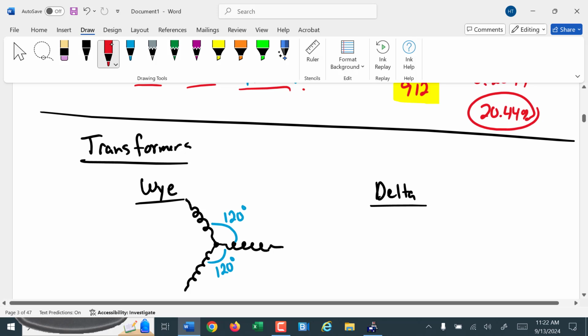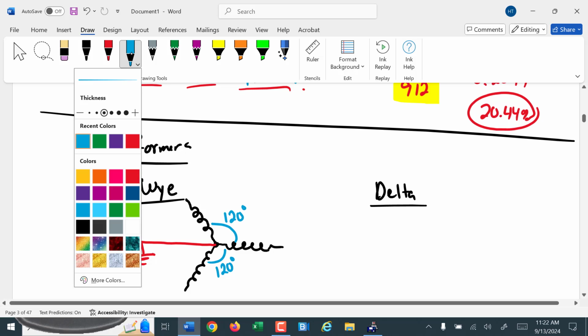Most Y-configured transformers are center grounded. That symbol's the ground if you're not familiar with it. In a center grounded Y, the geometry actually works out for the voltages and the currents.